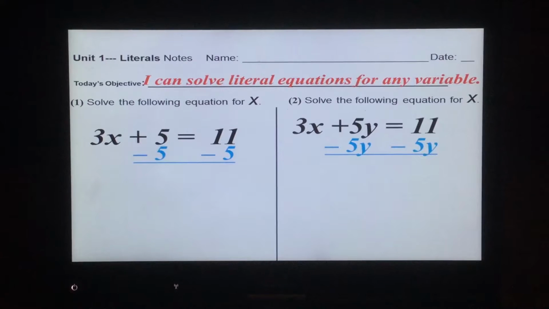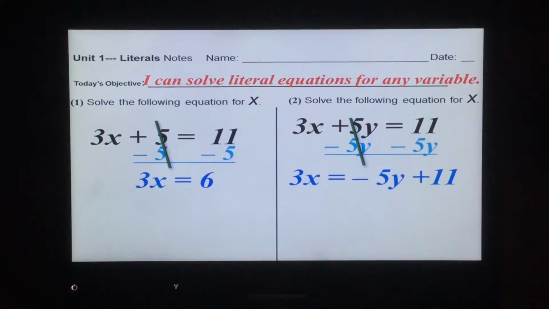Very similar, right? So they both cancel, leaving you with 3x on the left side in both of them. In this case, we had 3x equals 6 over here. In this case, we had 3x equals negative 5y plus 11, again because these are not like terms. The next thing I did in number 1 was divide by 3. And guess what? The very next thing I did in number 2 was also divide by 3.